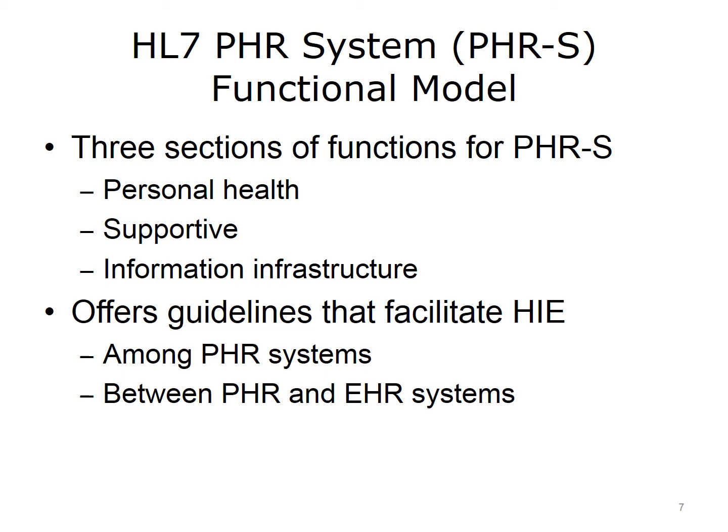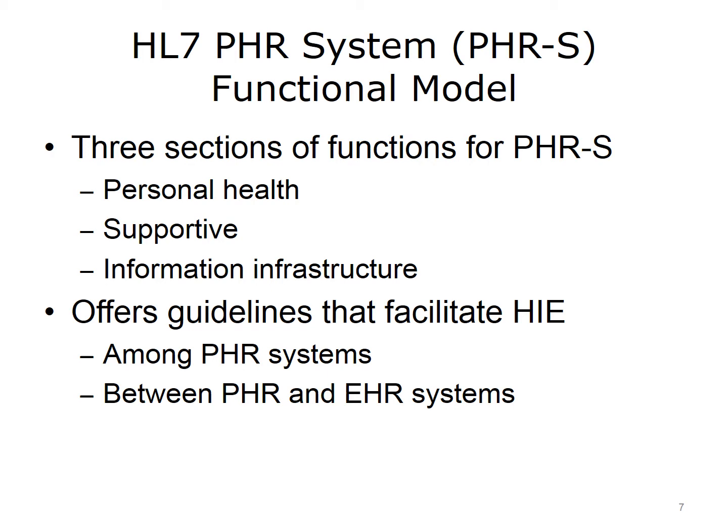HL7, 2011, Paragraph 1. As stated on HL7's wiki, the PHR-SFM defines the set of functions for a personal health record, PHR systems, and offers guidelines that facilitate health information exchange among different PHR systems and between PHR and electronic health record systems.